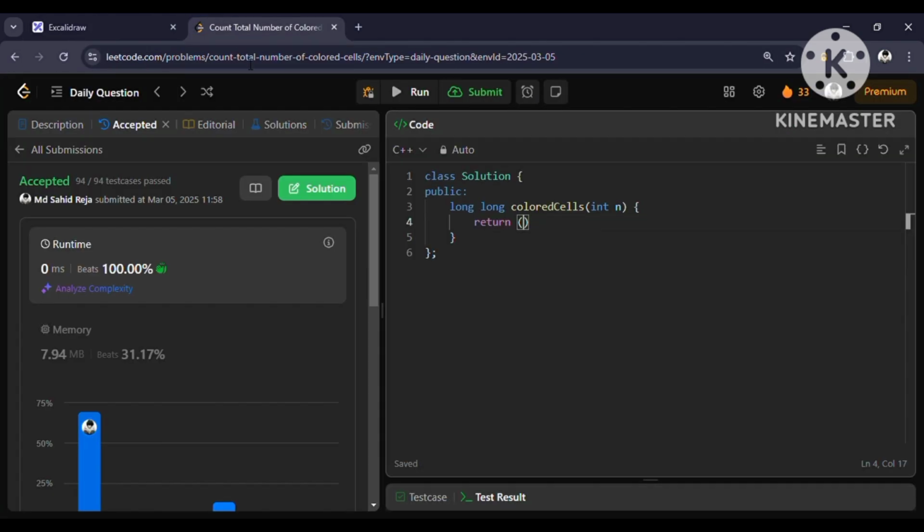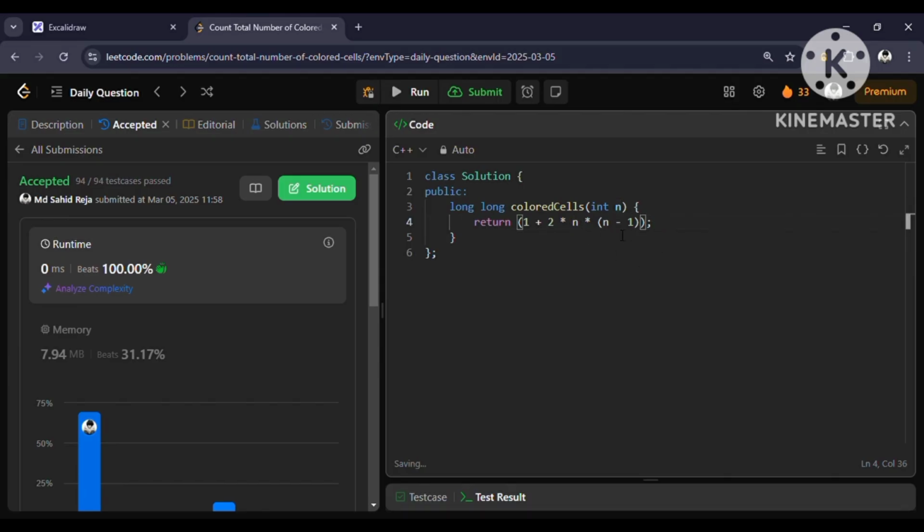Okay, so I have to return 1 plus 2 multiplied by n multiplied by n minus 1, right?